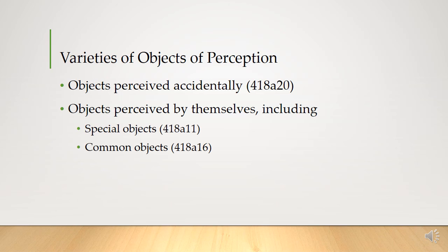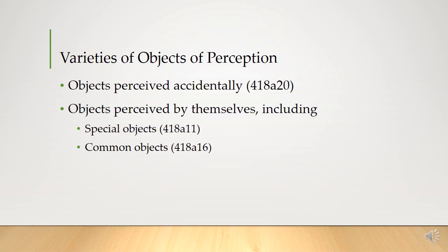Within objects perceived by themselves, there's a distinction between special objects and the common objects. Special objects are those objects that can be perceived by one sense only, while common objects are objects which can be perceived by several senses.